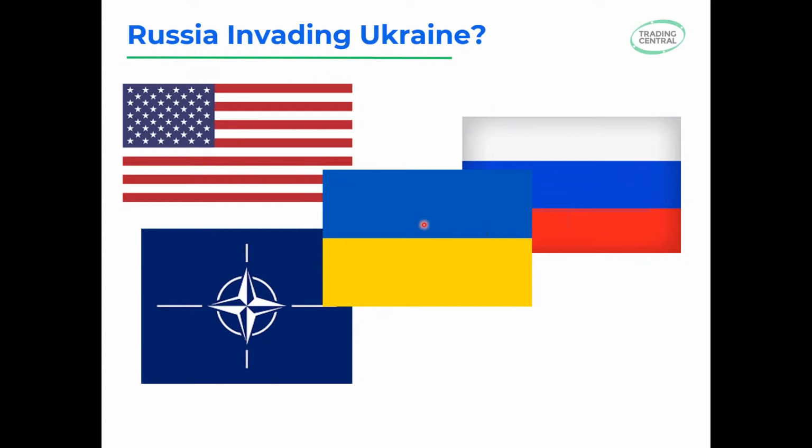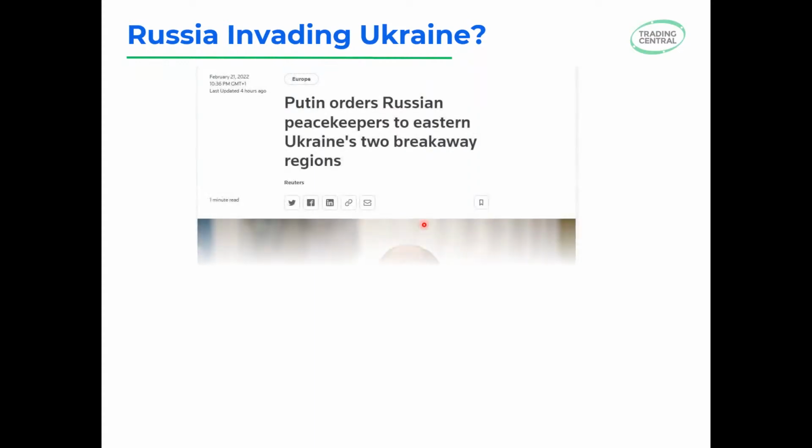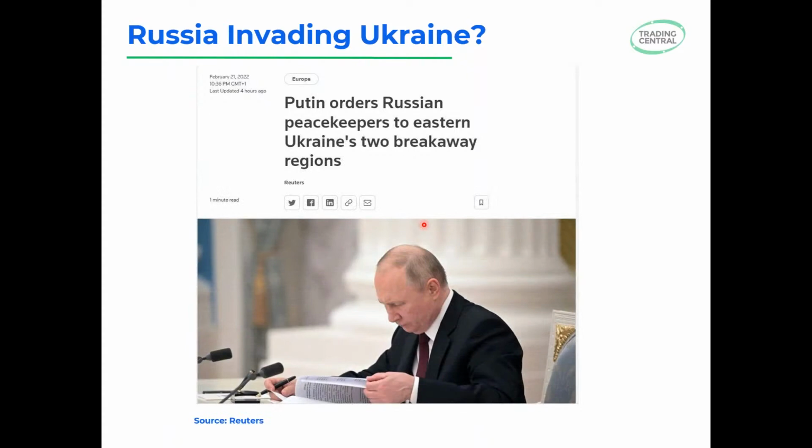And this morning, maybe you know it, we have a breakthrough in the situation, and Putin has ordered his troops, as peacekeepers, to enter 2 regions in eastern Ukraine, and immediately after that we see the U.S. sanction the 2 regions, and then of course we will see Europe condemn the situation, blah blah blah.